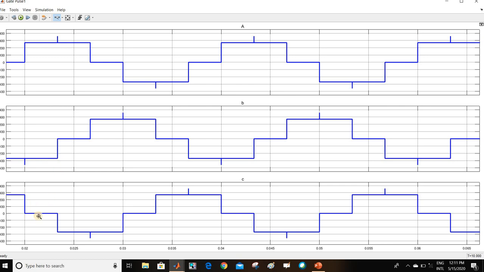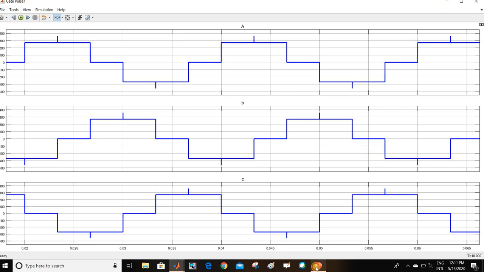And for this period, VCN will be 0. For 0 to 60 degree, VCN is 0. It is coming. That means your waveform is right.